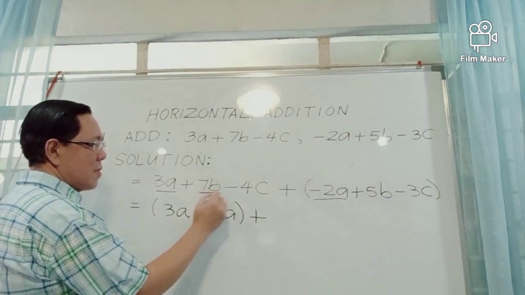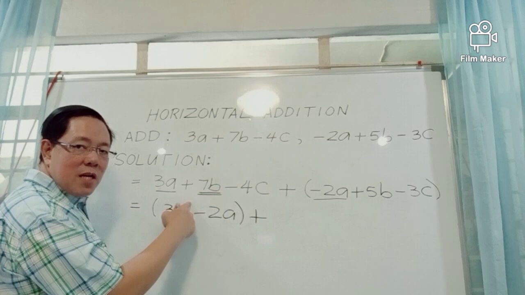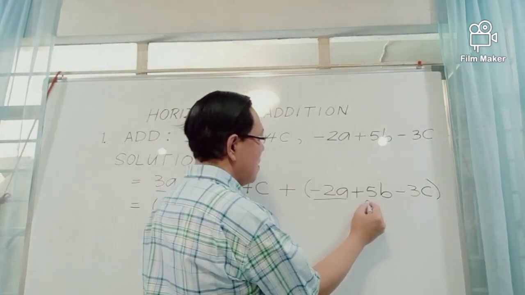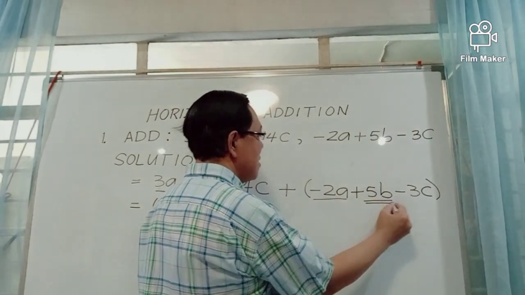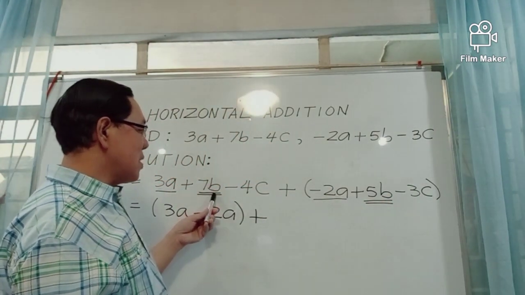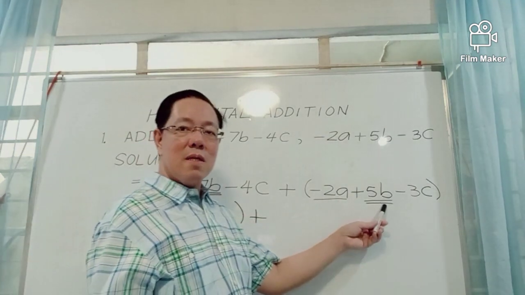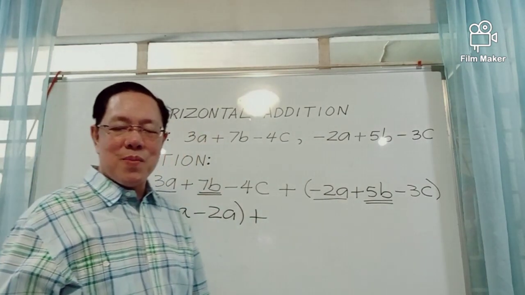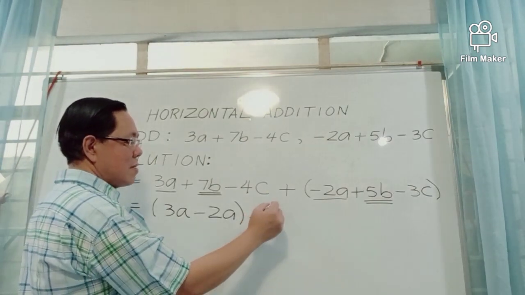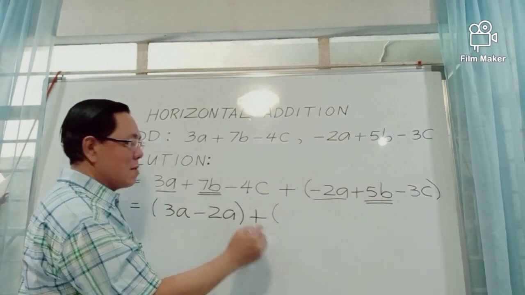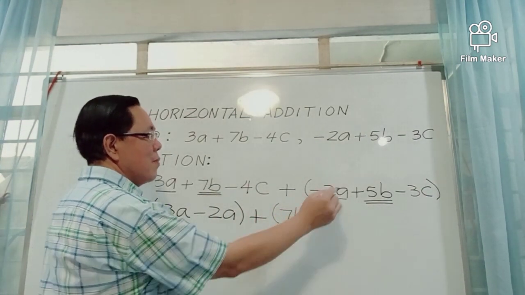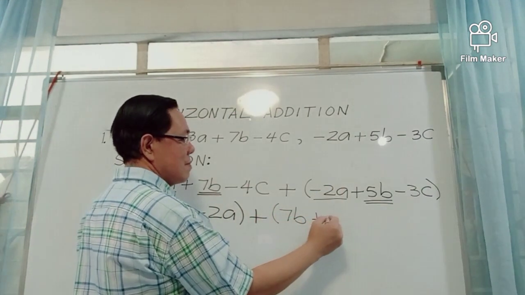The second term of the first trinomial and the second term of the second trinomial are like terms. They have the same literal coefficient b, and we collect them in one group. We write plus open parenthesis 7b plus 5b.